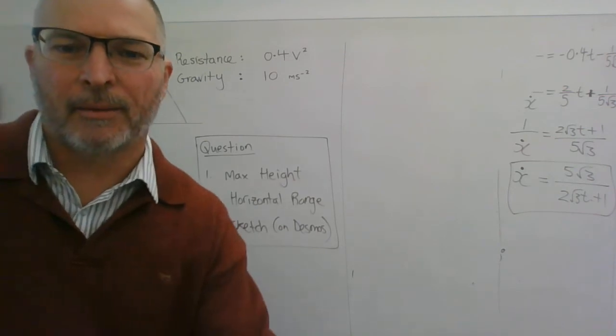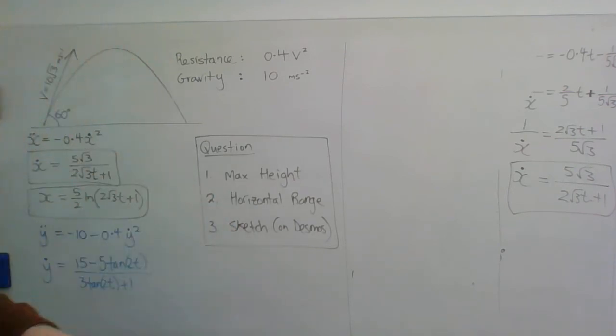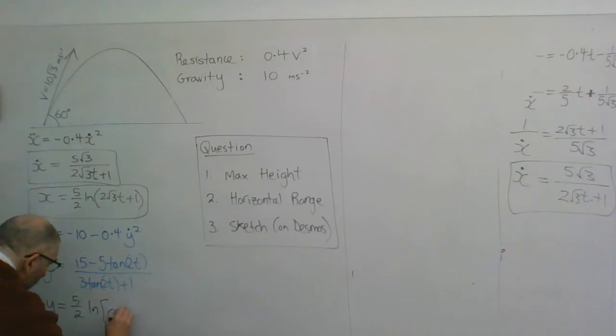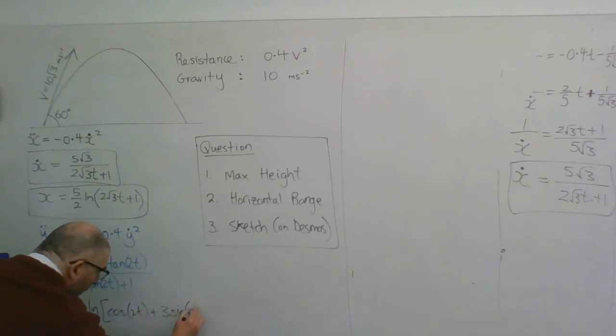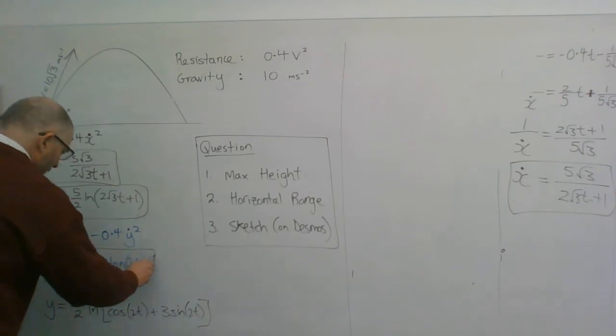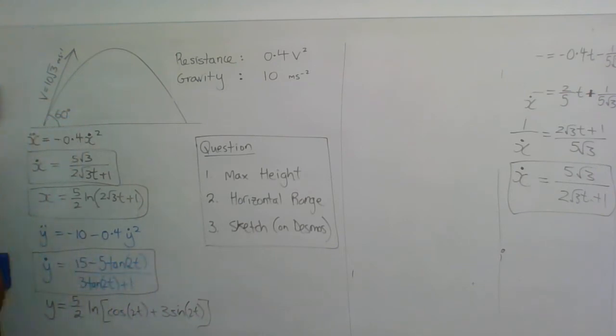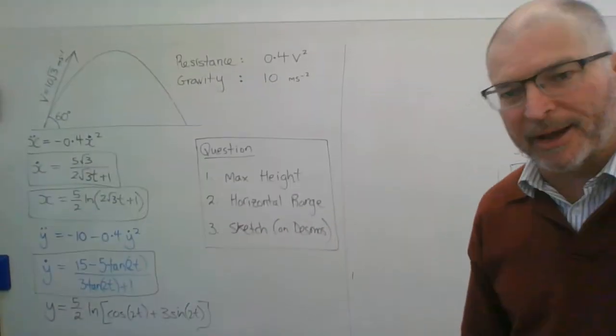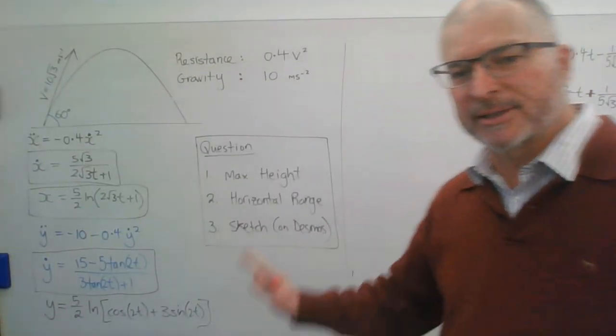And will we fit the other one in down there? Yeah. And y is 5 on 2 natural log of cos of 2t plus 3 sine of 2t. So there's our 6 equations of the motion that we can now use to answer our question. Yeah, you can see them.